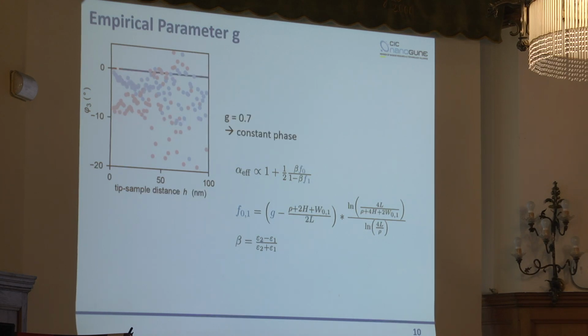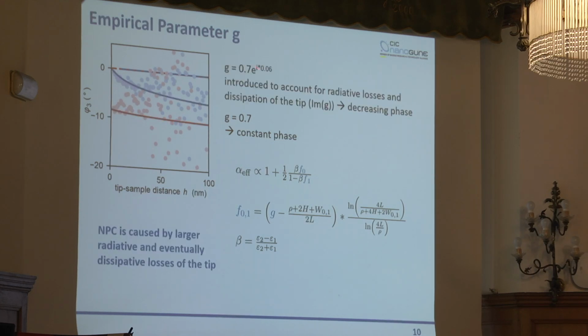What you can then also do is just get rid of the imaginary part of the spectra, and then you see that now the phase you are calculating is constant. So this means that this negative phase somehow comes from this part here, which was introduced to account for this radiative and eventually also dissipative losses of the tip.